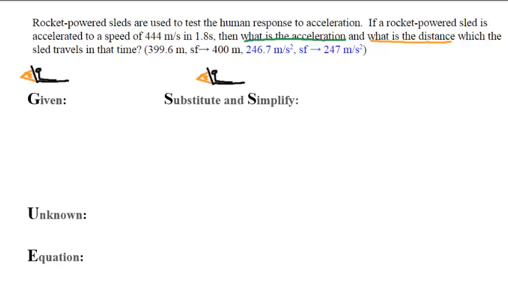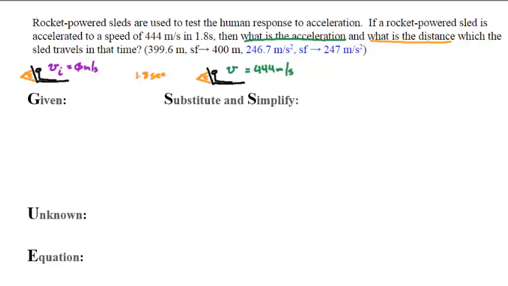We know that our rocket-powered sled eventually makes it to a velocity of 444 meters per second. And we are told that it only takes 1.8 seconds to get from one place to the next. We need to infer that the velocity in the beginning is 0 meters per second.